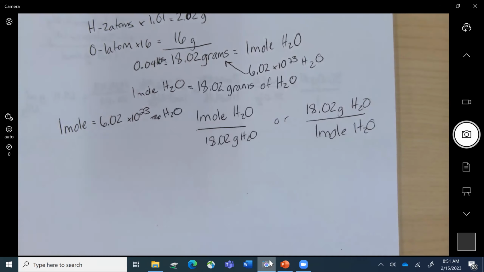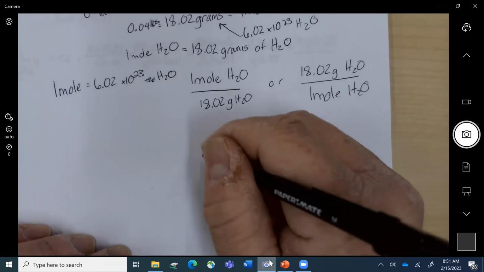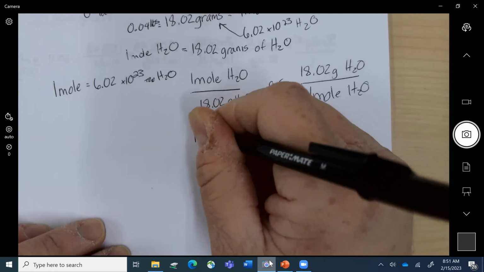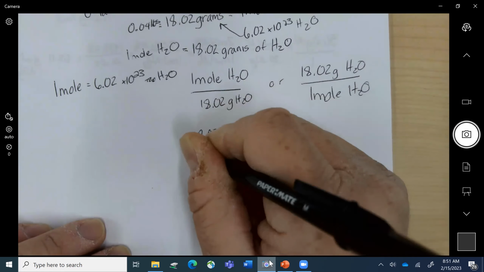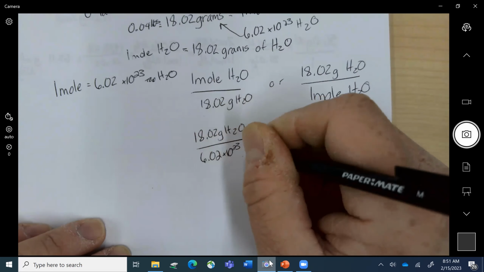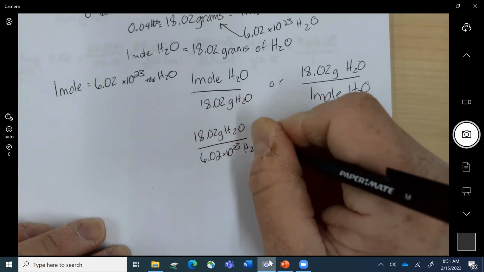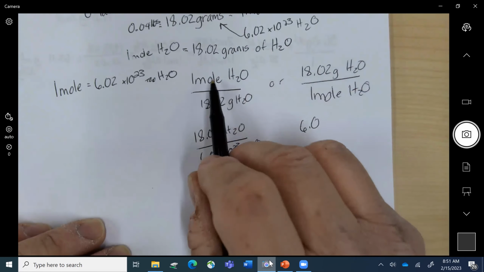We have to have that many H2Os to equal this amount of weight. So the other conversion factor that can be written here is 18.02 grams of H2O over the 6.02 times 10 to the 23rd H2O, or the other way around, because we substituted this for the mole.